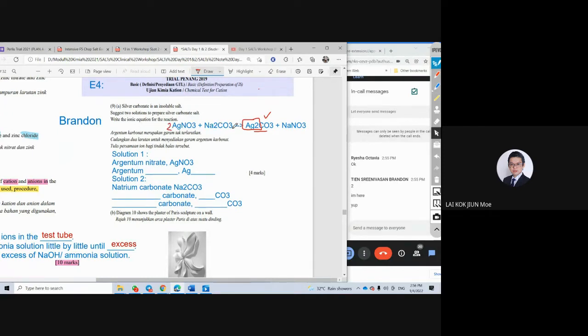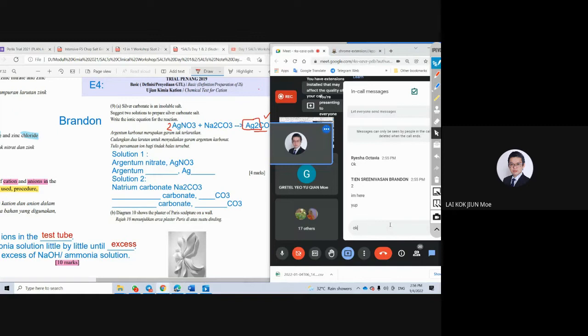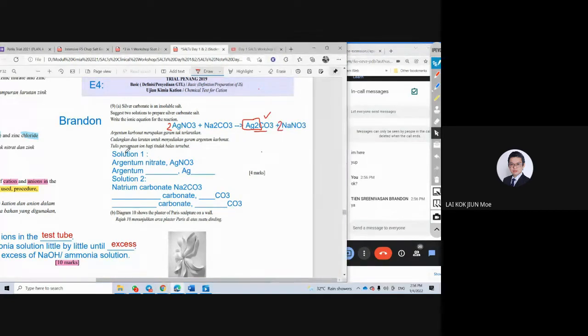How about this one? This one also 2 like this, okay. Done, 2 2, okay. So no problem. So for the 4 marks here, how to write the equation? So the equation you have to suggest. Oh, here got 4 marks. So you have to suggest.